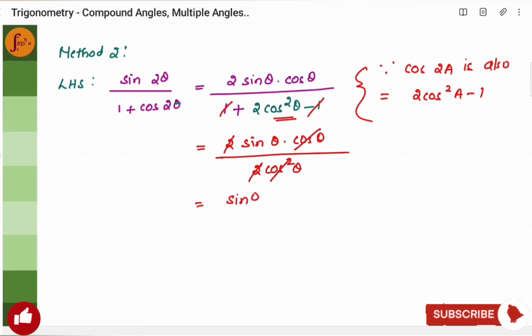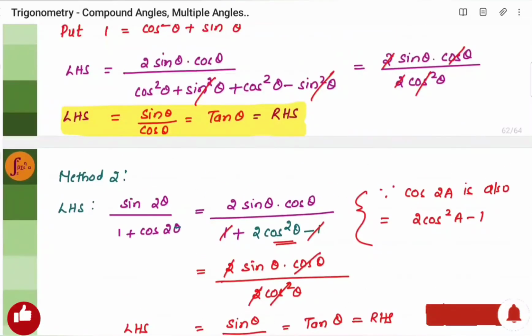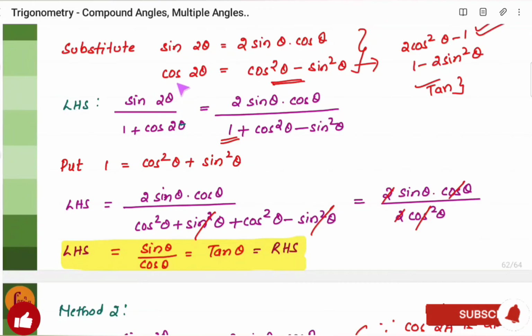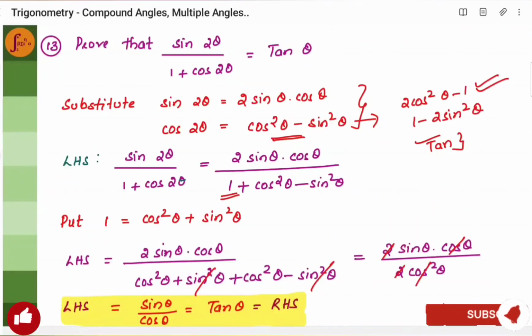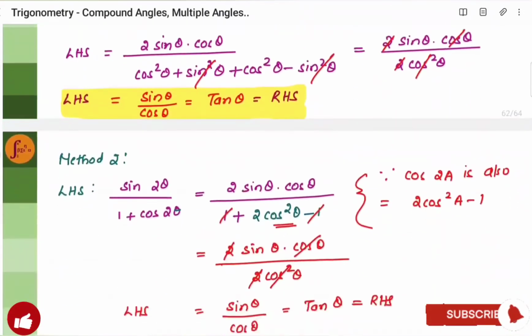So you'll be left with sine theta by cos theta, which is tan theta, which is equal to RHS. So we have proven this. Now both the methods using different formulas for cos 2 theta gave the same answer. The reason I'm giving multiple methods is, in case you forget, don't get stuck. Proceed with whatever you know and then try to figure out the steps.